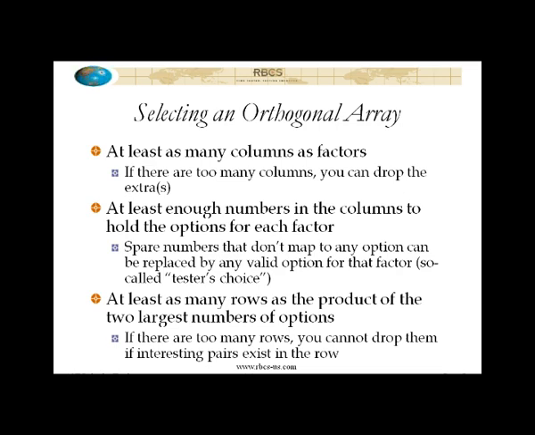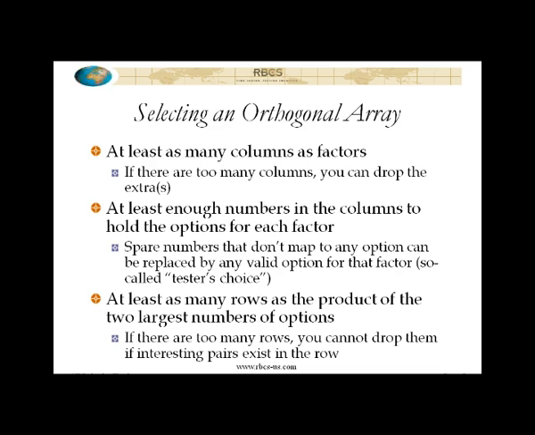There will be at least as many rows as the product of the 2 largest number of options for the factors. So in other words, let's say you've got 4 factors. One has 2 options, one has 3 options, one has 4 options, and one has 5 options. Well, you would need to have an orthogonal array that had 4 columns, 5 numbers in each column.